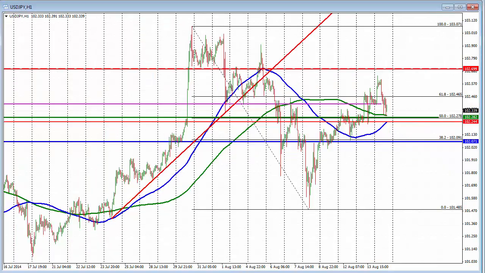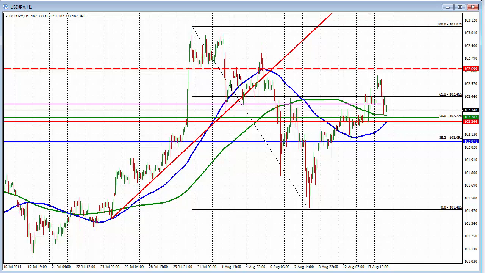Now, if we take a look at the hourly chart here today, however, the market is down, trading near the low levels for the day after the initial claims data came out weaker in the United States. And so we are testing what is a key support here on the hourly chart against the 200-hour moving average, against the 50% retracement of this move to the downside at 102.27.